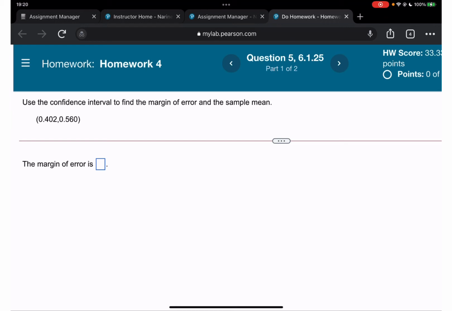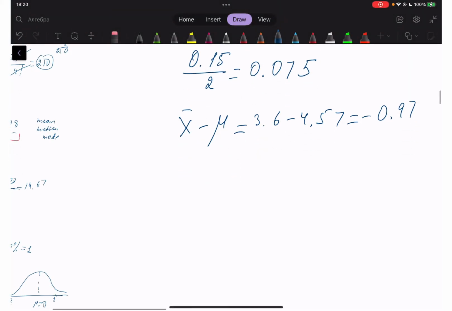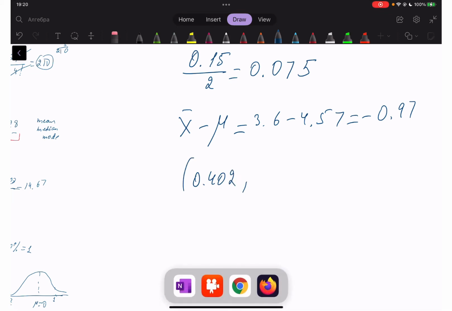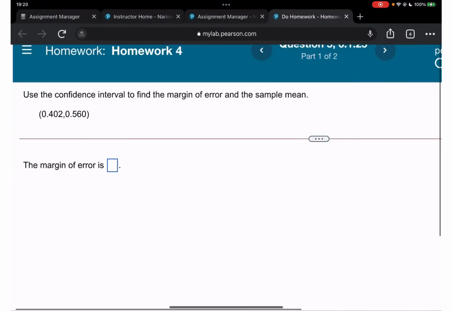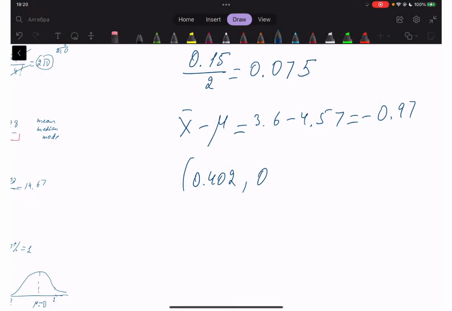Our confidence interval is 0.402, and 0.560. What does this number mean? What does this confidence interval mean?